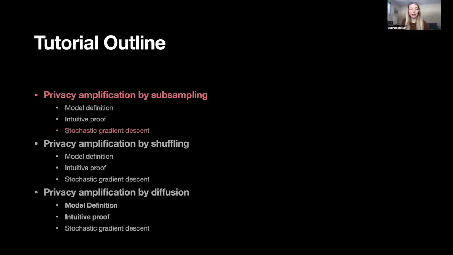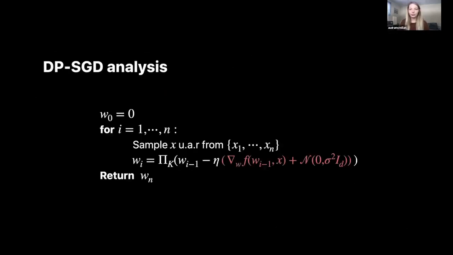Great. Okay. So we're going to do what I promised, which is jump back to stochastic gradient descent and say how this amplification theorem allows us to get a better analysis of stochastic gradient descent. I'm going to change my mechanism just a little bit.